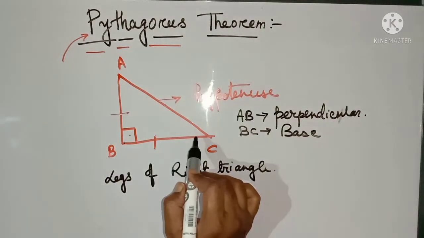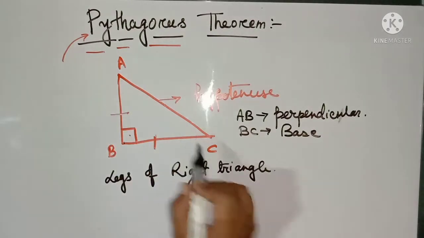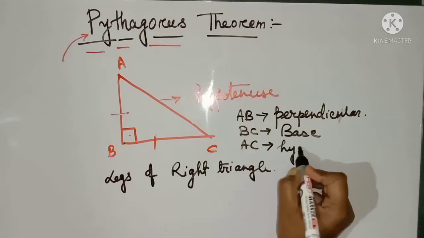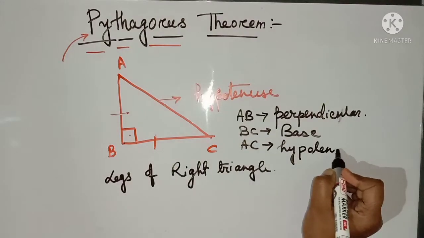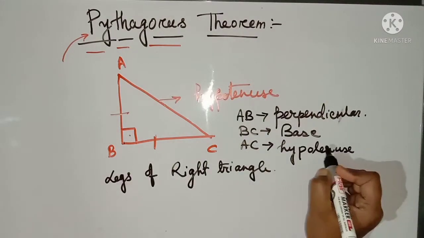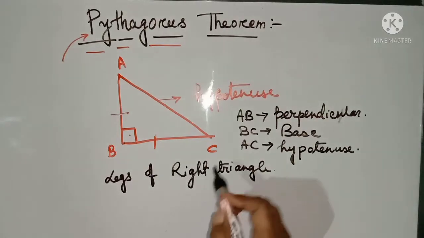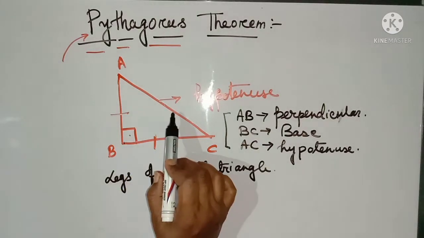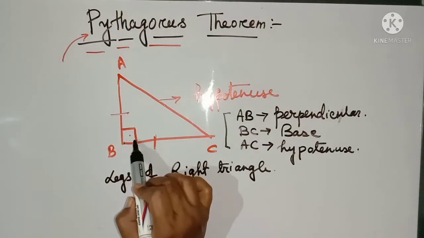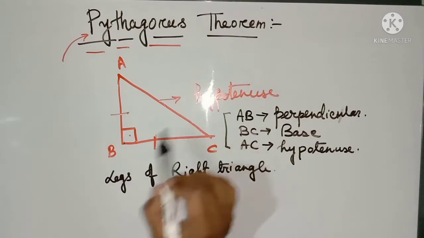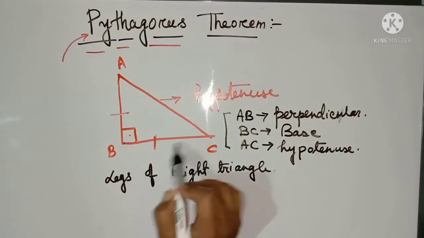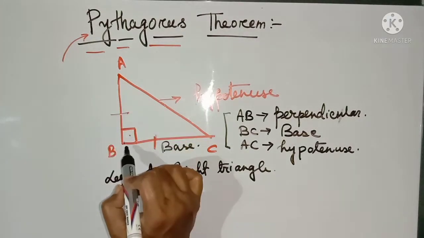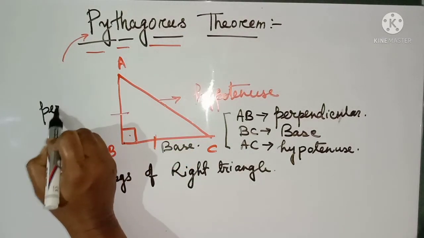And as I had already discussed, AC is the hypotenuse of the triangle. So these three things you have to remember. The side opposite to 90 degrees is known as the hypotenuse. BC is known as the base of the right triangle, and AB is known as the perpendicular.